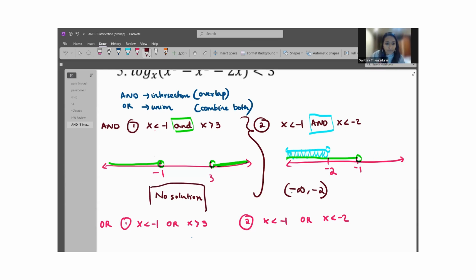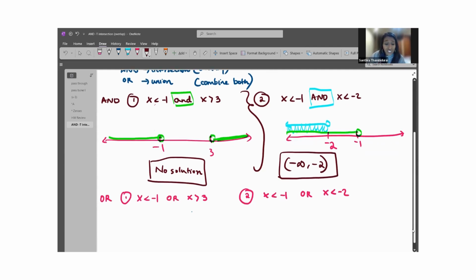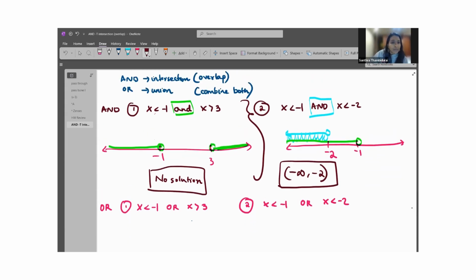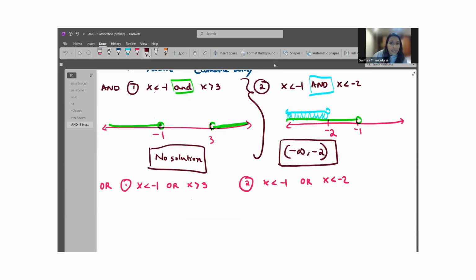These are your solutions. Okay, now let's see how the solutions change if they're connected by an or. Remember, or is a union, which means if you have two solutions, you need to combine both to get your full solution. So if you have x is less than -1 and x is greater than 3, I'm going to draw my number line again and put both inequalities here. So -1, 3, right? x is less than -1 goes like this. x is greater than 3 goes like this.